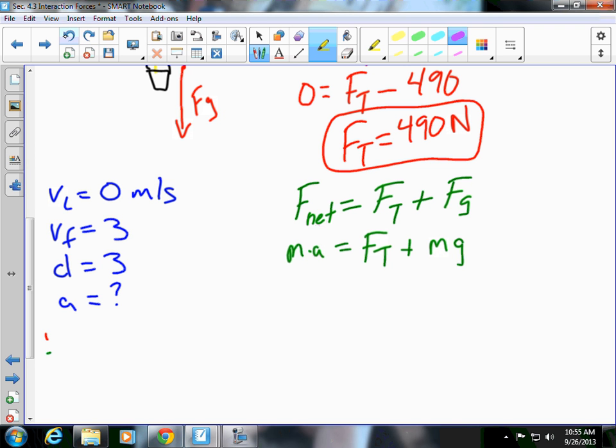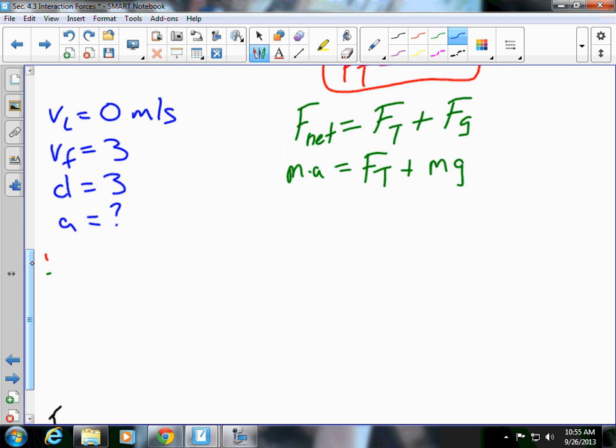Well, on the left-hand side, we've outlined initial velocity, final velocity, distance, and acceleration. You know an equation that can help solve for that: Vf squared is equal to Vi squared plus 2ad.